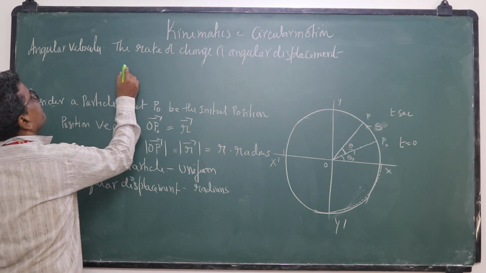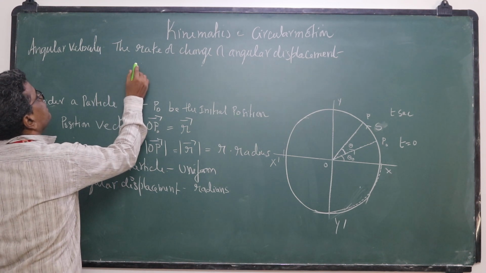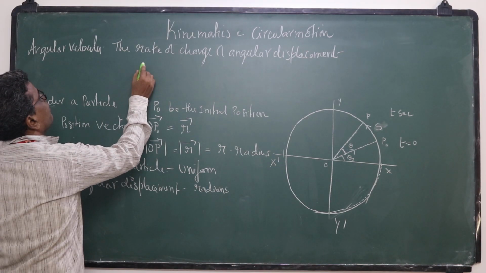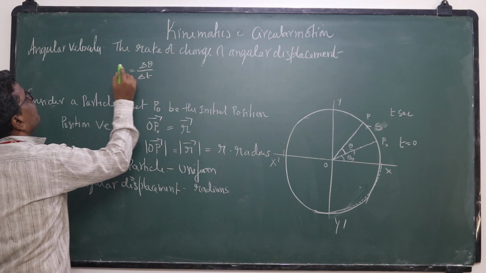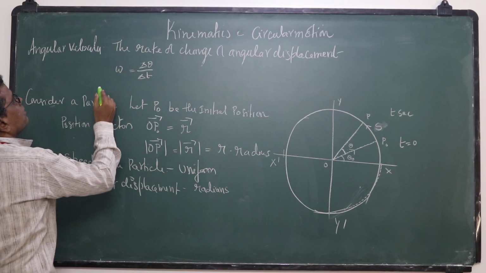If theta is small, delta theta by delta t we can call omega.